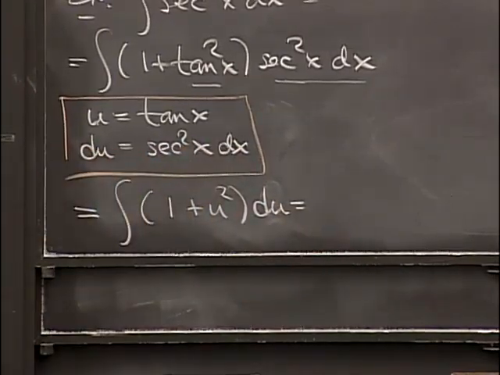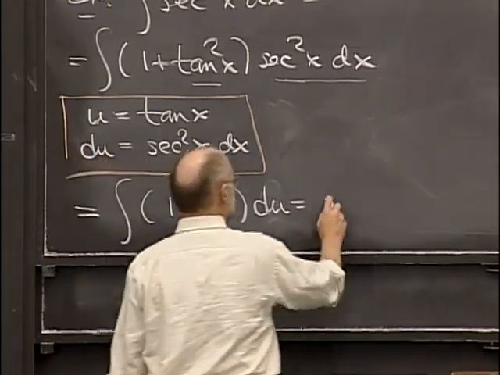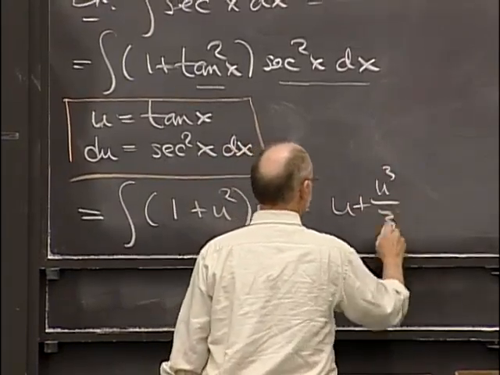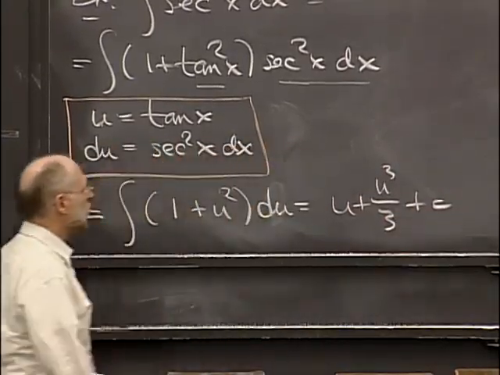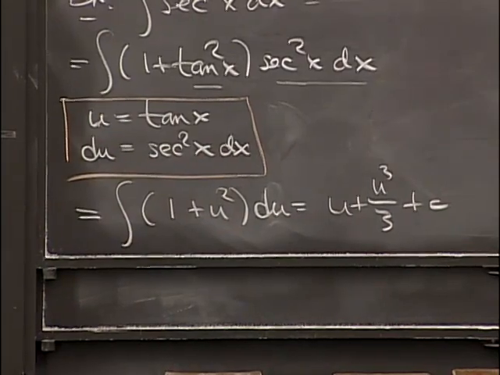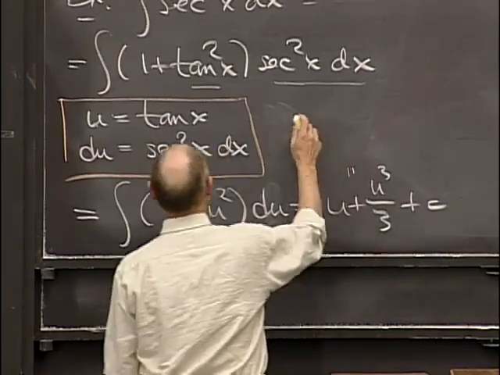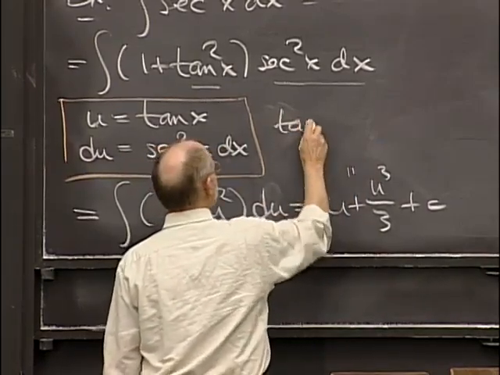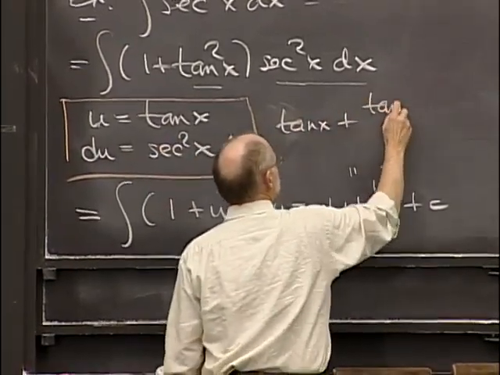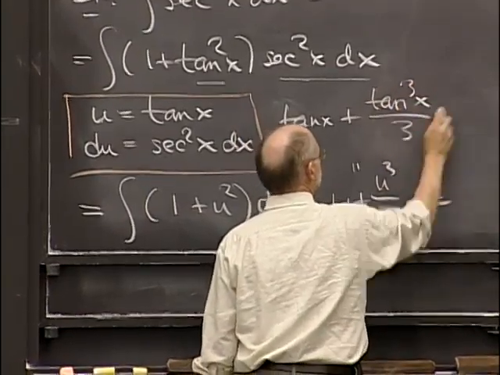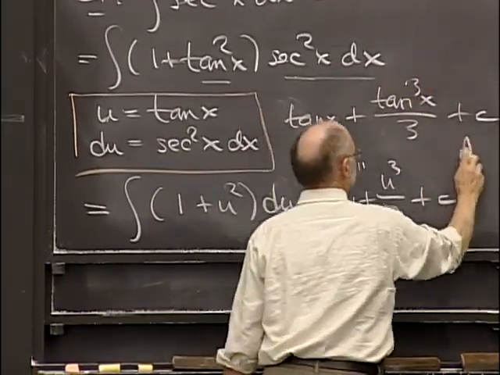Well, that's pretty easy to integrate. So I get u plus u cubed over 3 plus a constant, and then I just have to back substitute, put things back in terms of the original variables. And that gives me tangent of x plus tangent cubed over 3. And there's the answer.